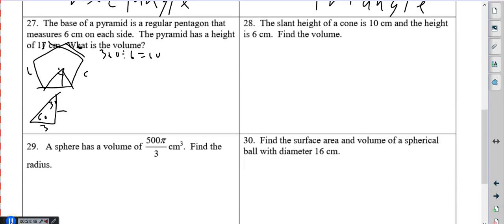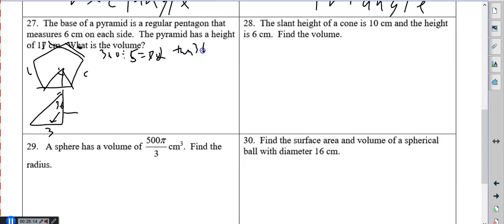And I'm correct. 360 divided by 6 is 60, but silly me, this is a pentagon. So it's 5, which makes this 72, which makes this angle in here 36. Sorry about that. This is 36. This is 3. We're trying to find this. So we have the opposite side. We're trying to find the adjacent, so that's tangent.